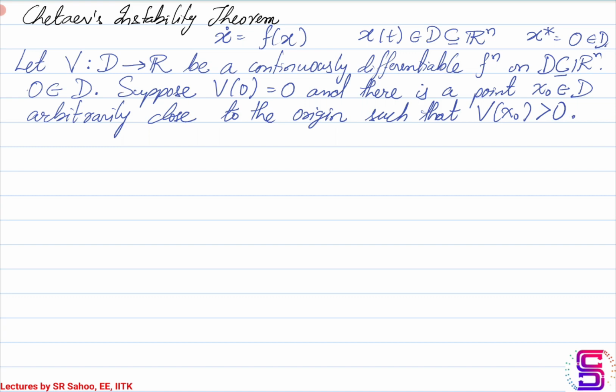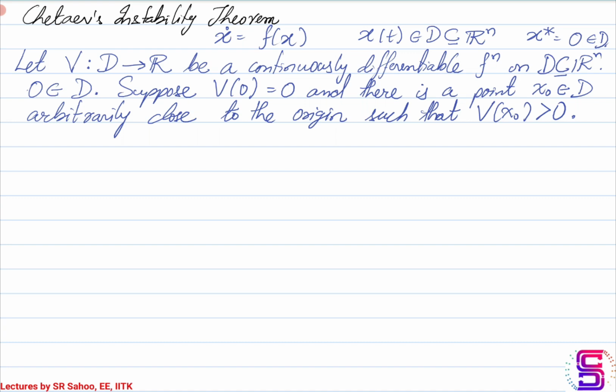So there is a point which is arbitrarily close to the origin, and at that particular point V of x0 is positive. As of now, we have not said whether V is positive definite or negative definite and so on. Till now, we are just saying that V is a continuously differentiable function in the domain of interest, and the origin, which is the equilibrium point under consideration, is also a part of the domain, and this function V is such that it is 0 at 0, and in this domain D you will be able to find x0 that is arbitrarily close to the origin.